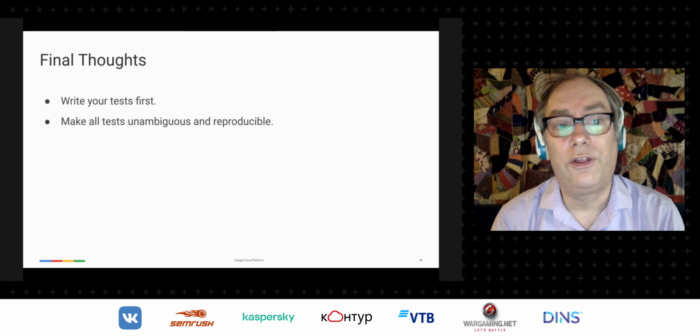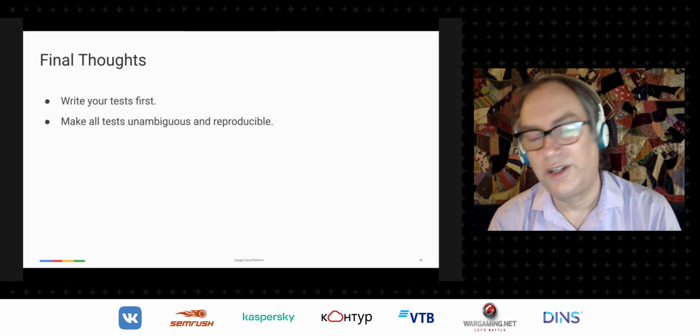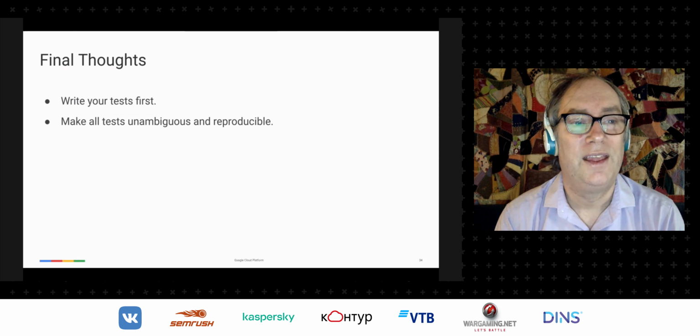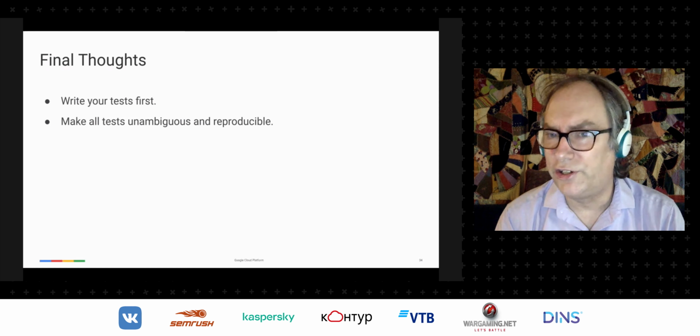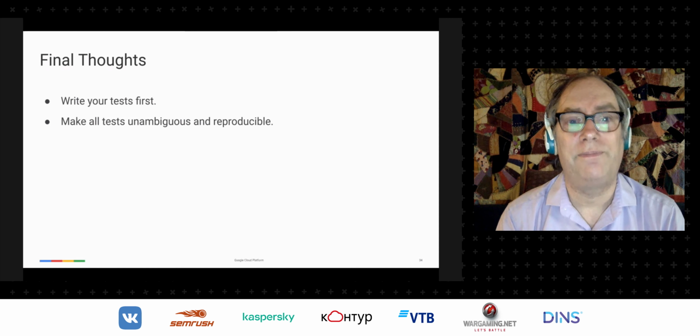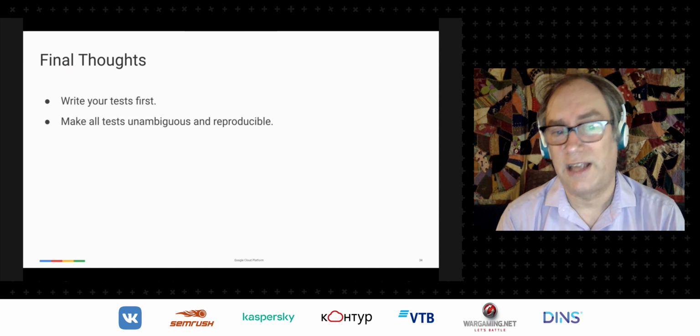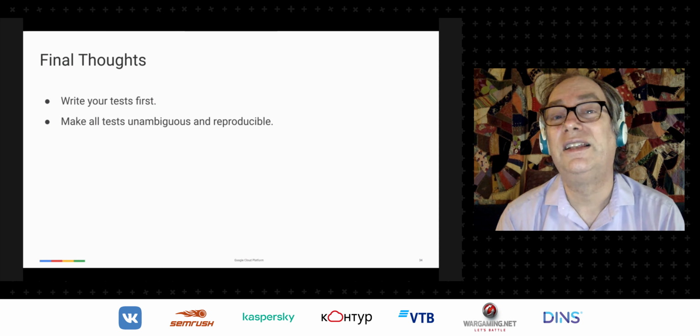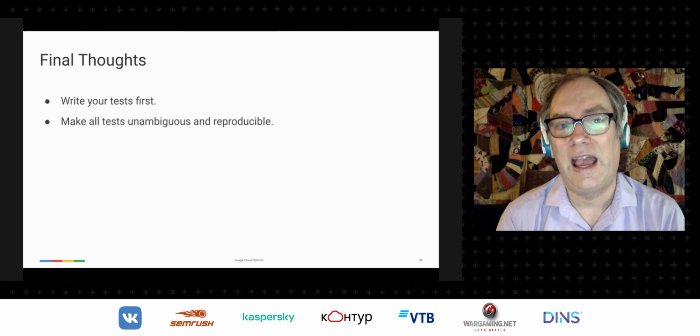Okay, some final thoughts, and then I think we're going to go to Q&A. I've said this before, the most important thing is write your tests first, make all your tests unambiguous and reproducible. If you do that, you're going to be in better shape than 90% of the developers out there. You're going to be a real coding superhero. You're going to be able to do things you would not believe are possible.